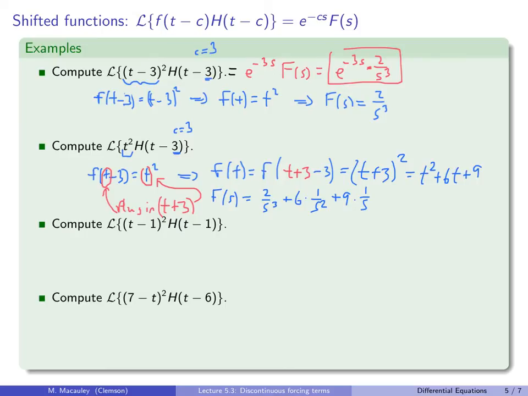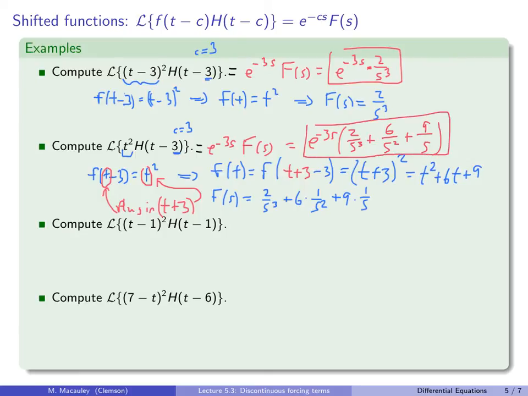So the Laplace transform of this thing is just e to the minus 3s times F of s, which is e to the minus 3s times this creature, which is 2 over s cubed plus 6 over s squared plus 9 over s. And that is our final answer. Okay, so let's do another one.